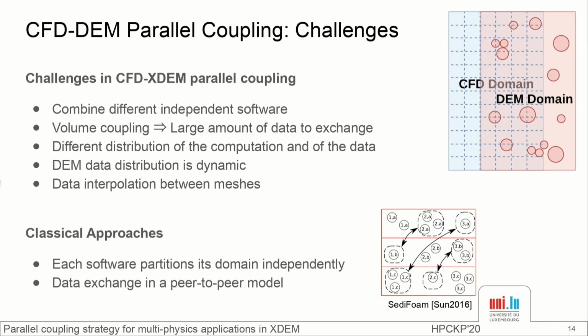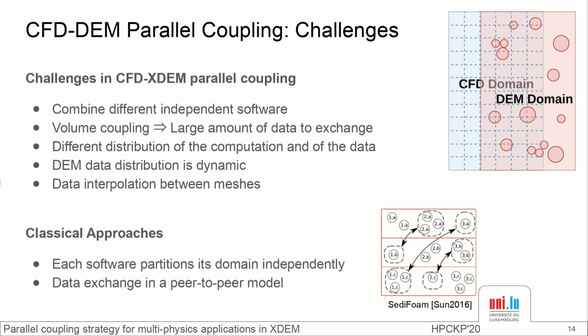Additionally, there will be a different distribution of the computation and of the data in CFD and DEM. Another problem is that the particles are moving, the DEM particles, which makes the data distribution dynamic and will change over the simulation.